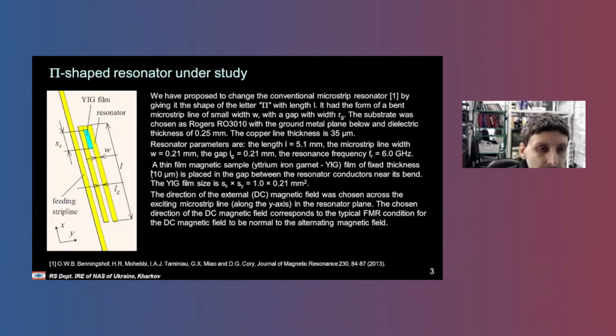On the surface of this resonator, in the gap between two parts of the resonator, near its bend, we place the magnetic sample. This is an yttrium iron garnet film with such size. The thickness of the yttrium iron garnet film for calculation was 10 micrometers.